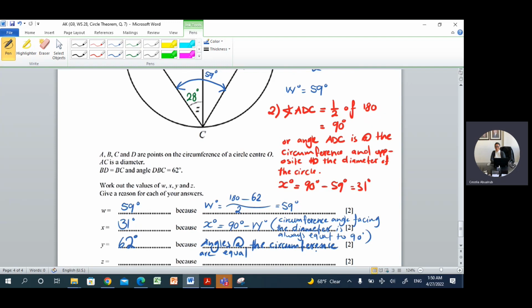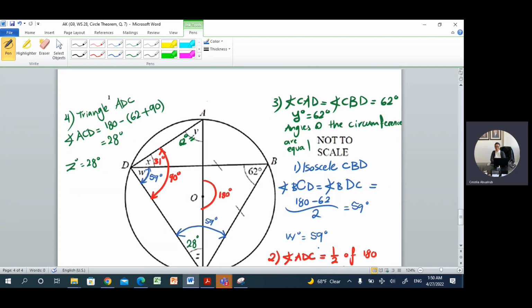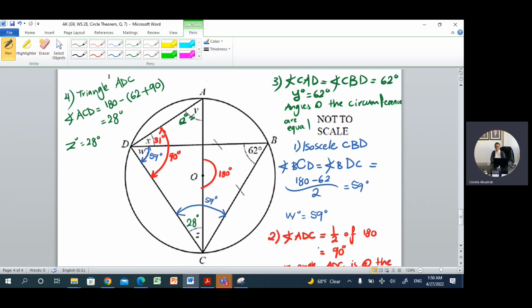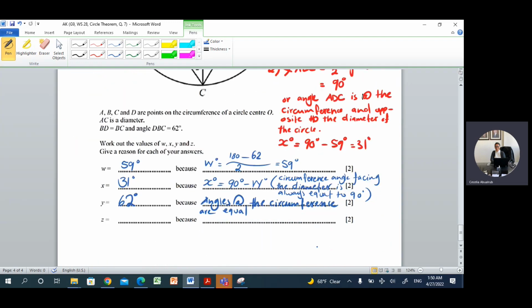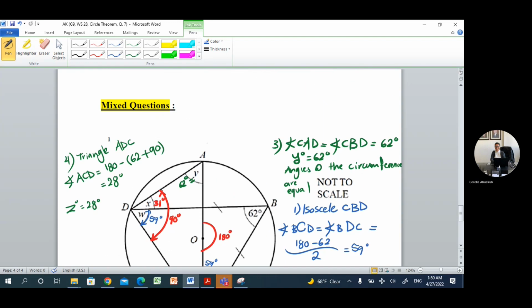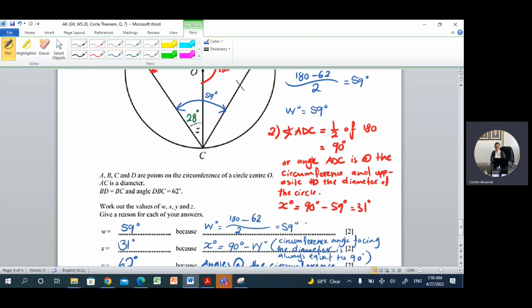And you can mention the angles actually. You can say angle CAD is equal to angle CBD. CAD, if I'm not mistaken, CAD is equal to CBD.